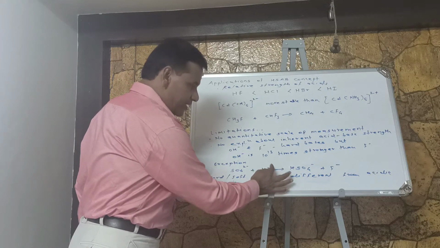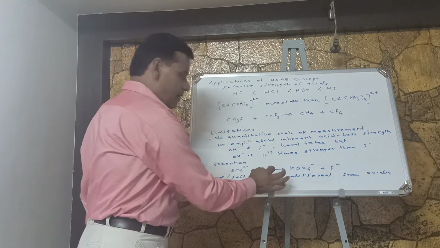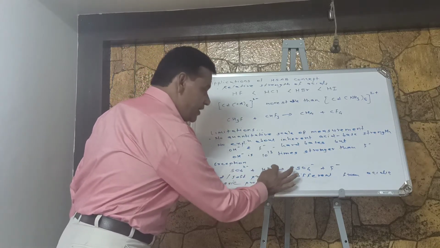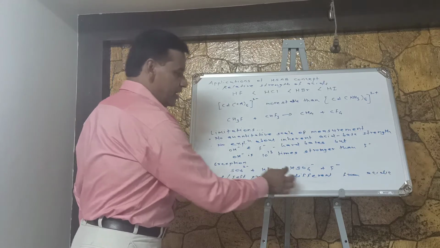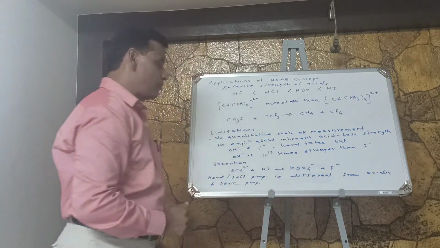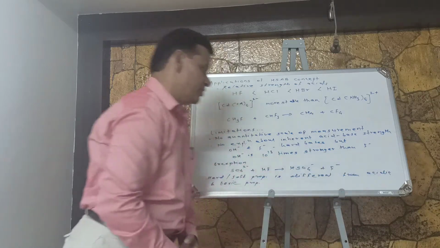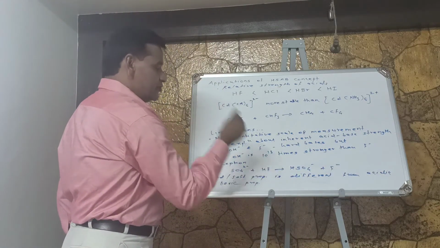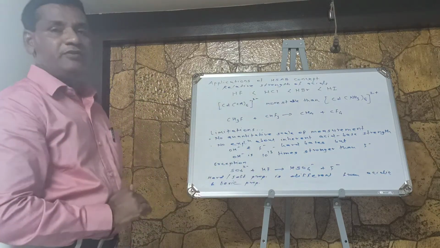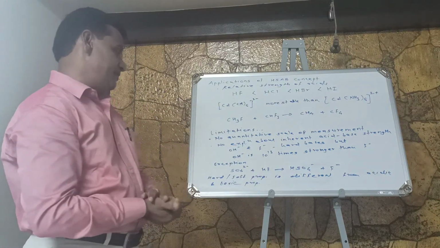So a hard plus hard combination is there. This is a stable compound. But this fluoride is replaced by the SO4 minus minus ion, and HSO4 is formed and this fluoride comes out. So this stable molecule gets disturbed. So this is an exception to this HSAB concept.